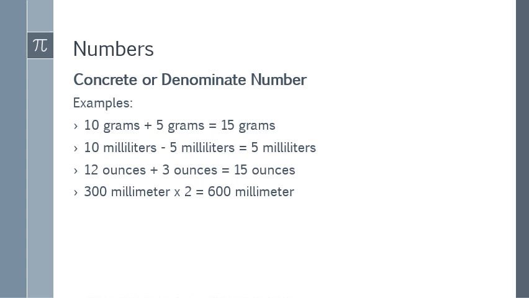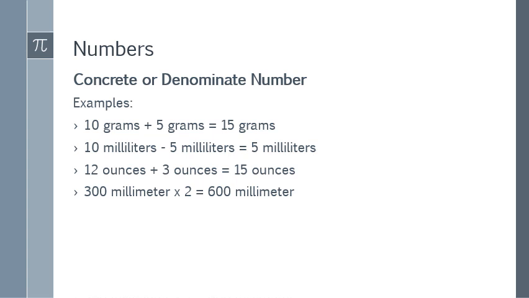Now here, why don't we multiply a denominate number with a denominate number? Because if we multiply a denominate number with a denominate number, eventually the units of measurement will also multiply with each other. And here the result obtained will be 600 millimeter square, which is actually the unit of area.